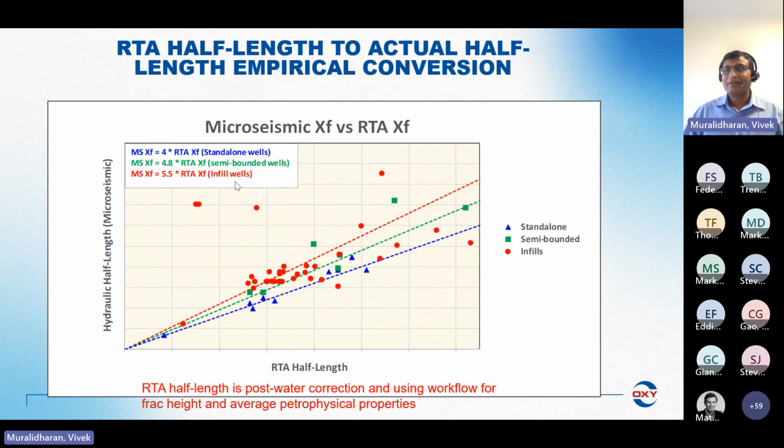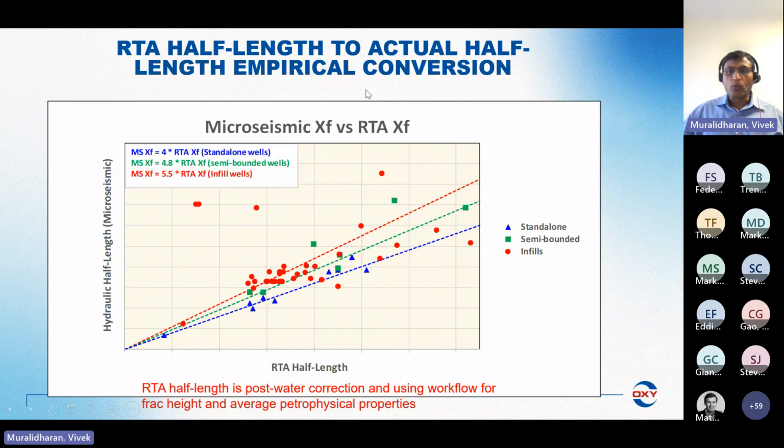Again, for infill wells, we have a wide variety of different spacing, so we took an average spacing for the Permian Basin. It's more like 8 wells per section. If you have a different spacing, this number is going to be slightly different for each of those spacings. So again, this is not an accurate quantification. This is more the direction, that we have to use all of these diagnostic tools to our advantage.